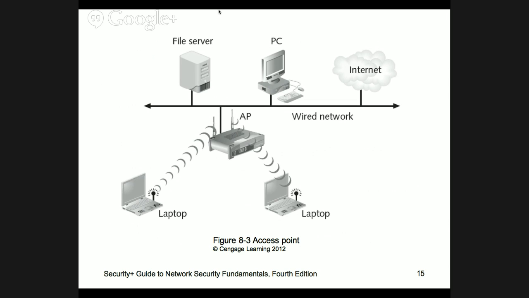That's where, in corporate IT today, it's so prevalent to buy access points that are literally the size of a USB thumb drive. You plug it into your USB port, and within seconds, it sets up an access point that anybody around it can connect to.